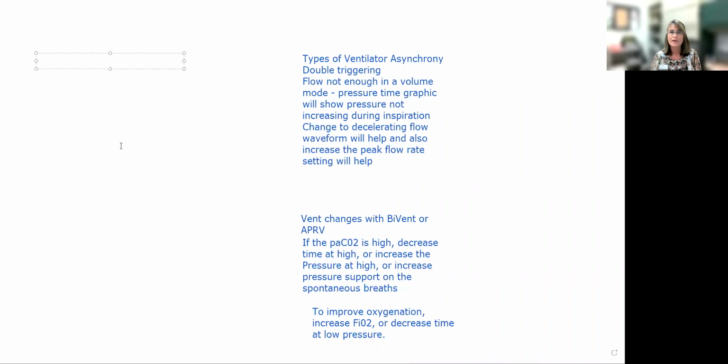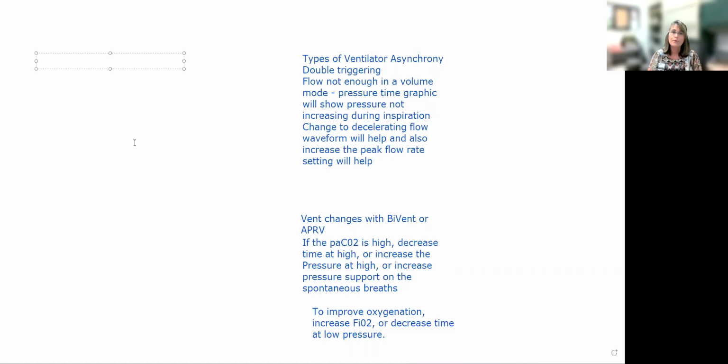And the answer is look at your PIP or your delta P actually. So if you have a PIP of 25 and a PEEP of 5, your delta P is 20 centimeters of water, and that's how much pressure support is needed to achieve the volume in volume support. So there's a couple test questions on that.